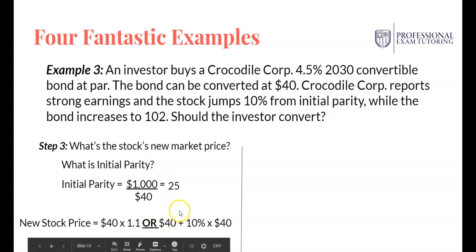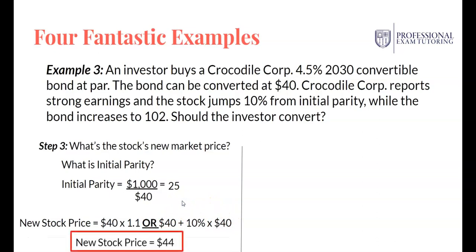The other way that you can do it is say, okay, so take 10% of 40, and from that you get 4, and then you just add that to 40. And that, you're going to see, gets you a new stock price of 44. So after this strong earnings report, the stock has jumped up in price from $40 to $44.